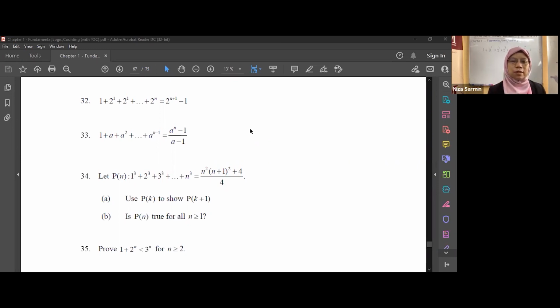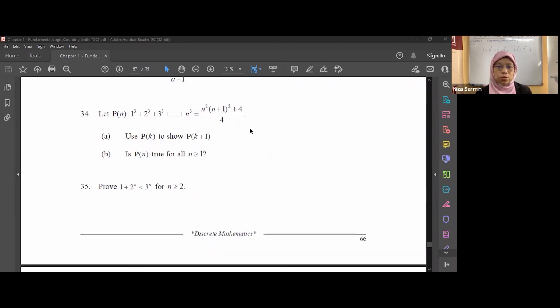Okay, so you can try this. Number 34 is very similar to the one I showed, but this is with the cube. Number 35 also is very similar to the one I showed earlier in the example, in which you have to prove it. If you cannot prove it from the left, you prove it from the right.